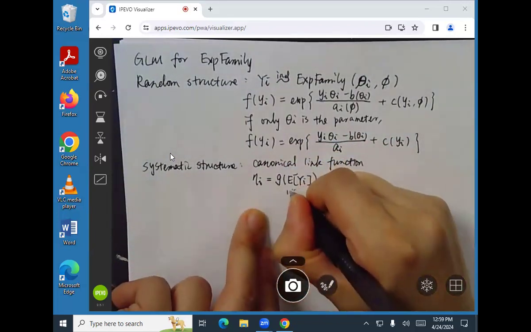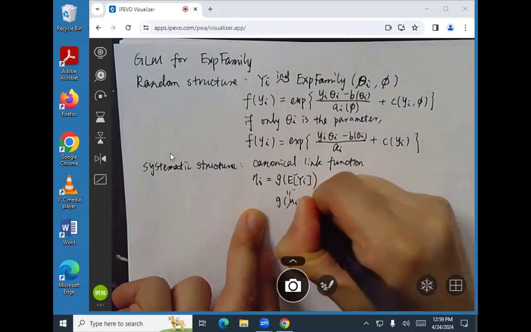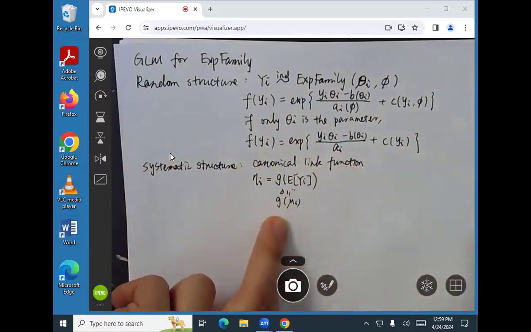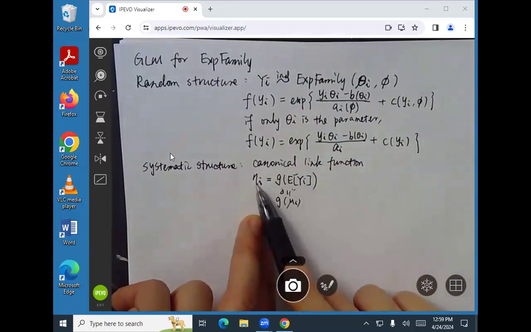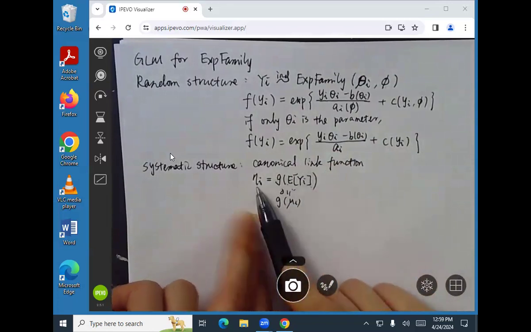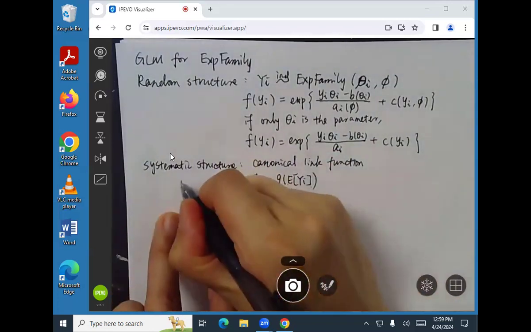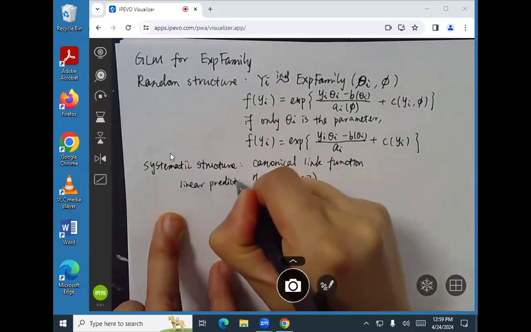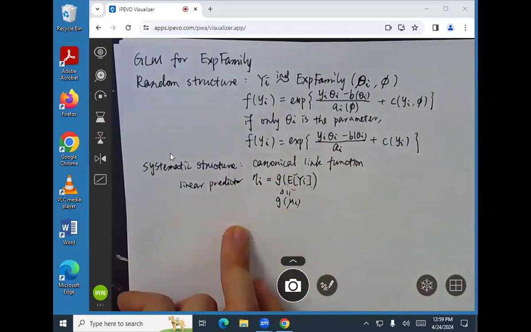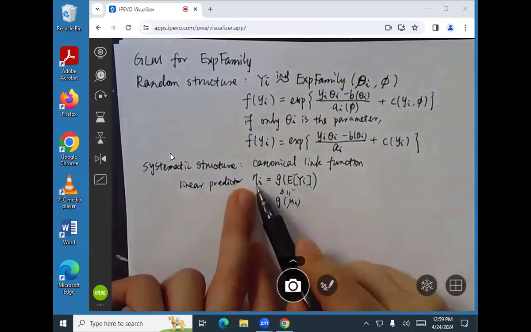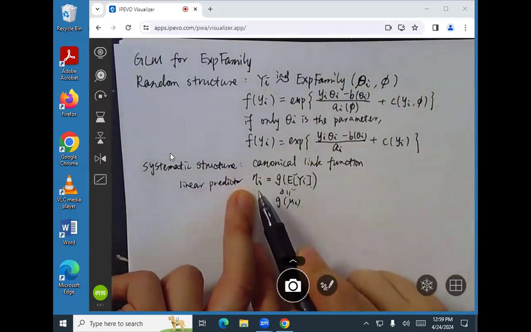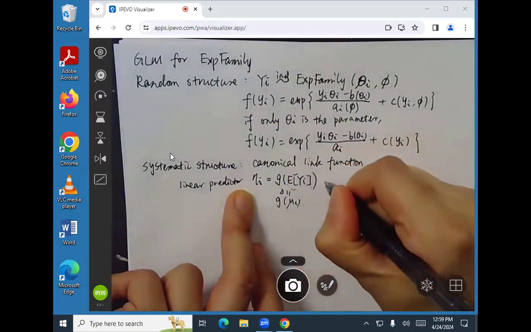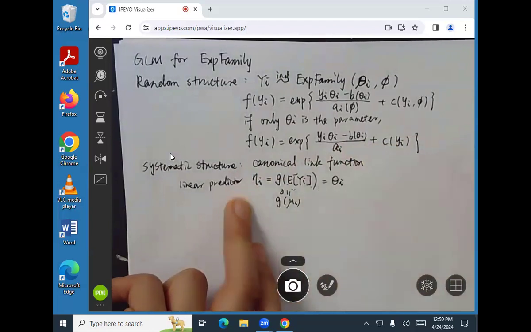So we will often write this as g of mu i, just for notation. This transformed g of mu i, called eta i, the linear predictor, is supposed to be a linear function of predictors. And in the form of canonical link function, we set eta i to theta i.